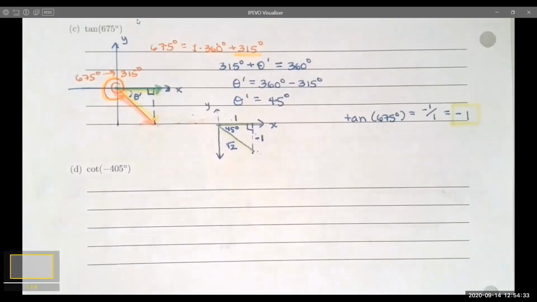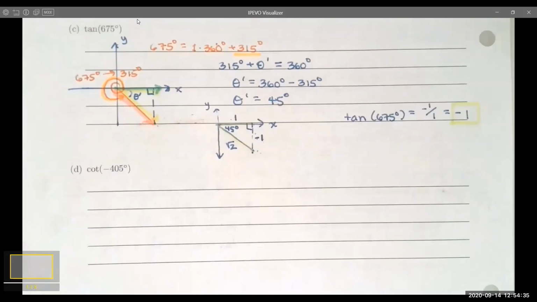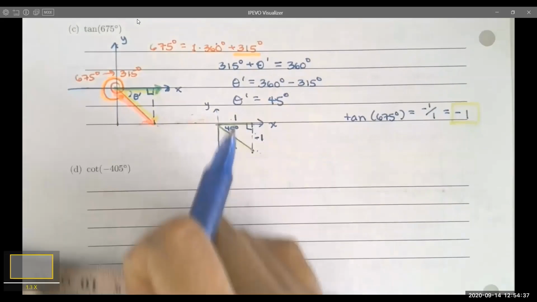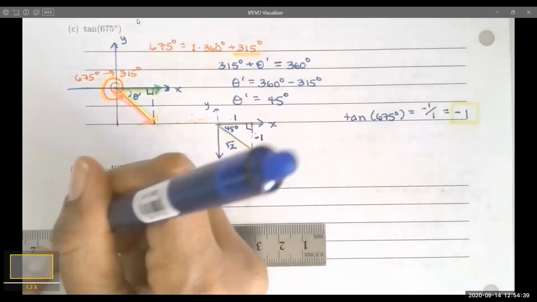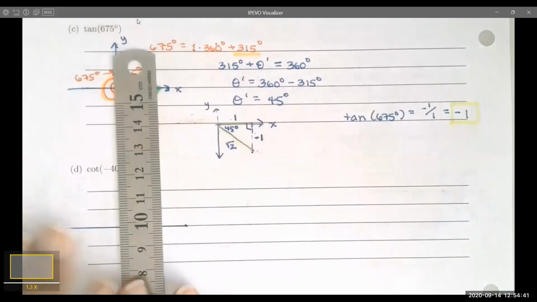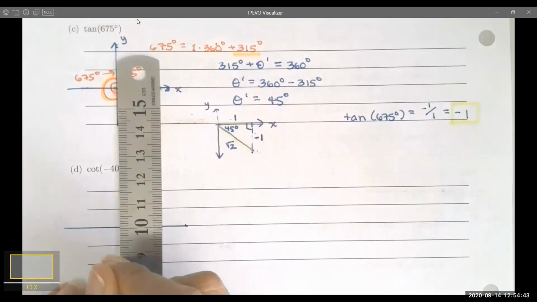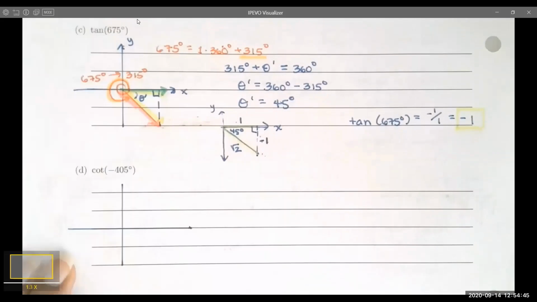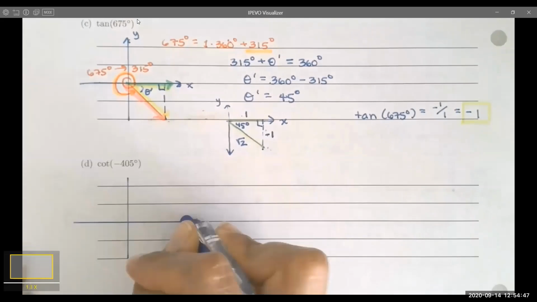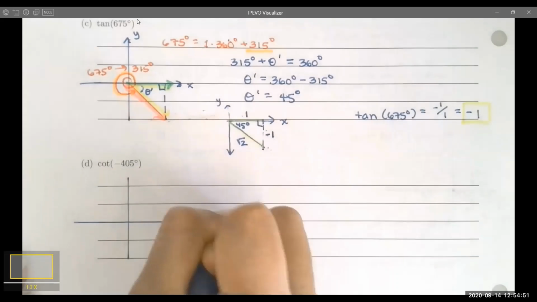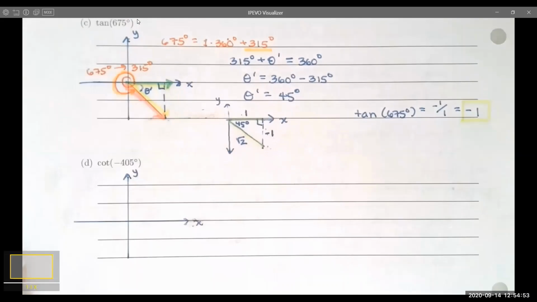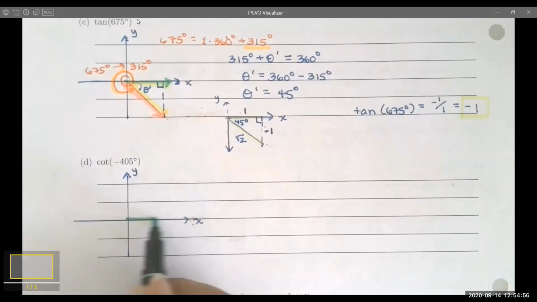Finally, part D, cotangent of negative 405. And 405 is going to complete one cycle in the clockwise direction. Let's go ahead and draw that first.